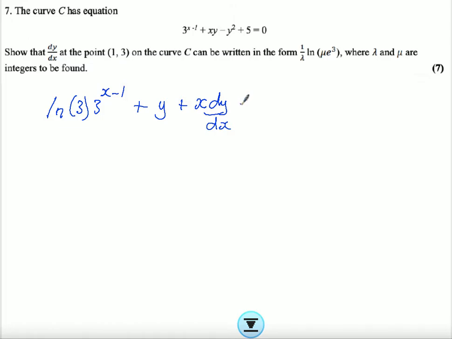Y squared, 2y dy by dx, and then 5 is not a lot, and 0 is also not a lot.